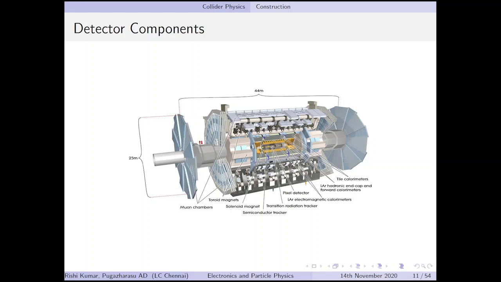Let's take a moment to appreciate how this entire collision chamber is built. There are the muon chambers, which we'll see how they work, the magnets, the semiconductor trackers, the pixel detector and the calorimeters.